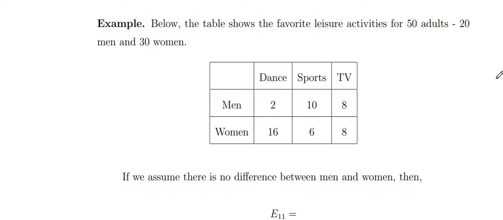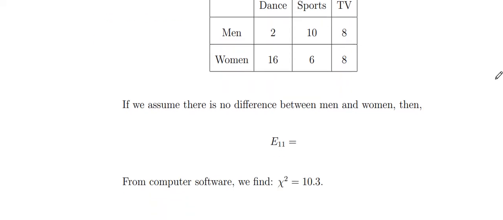We compare two groups, with three categories. First, let's find the expected value. What is E11, the number that should go here? This 2 is the observed number, and we want to find E11.